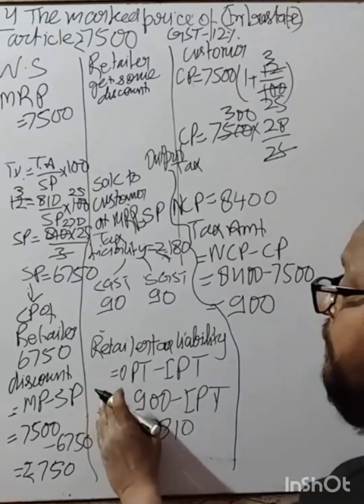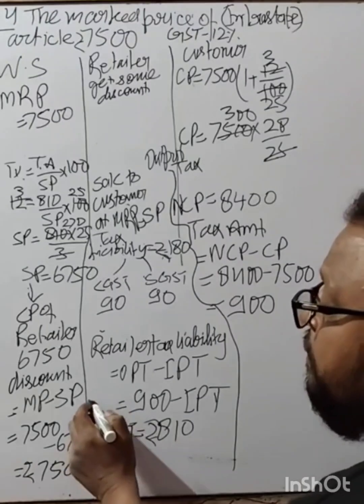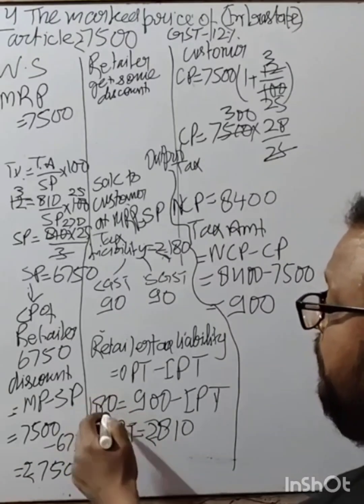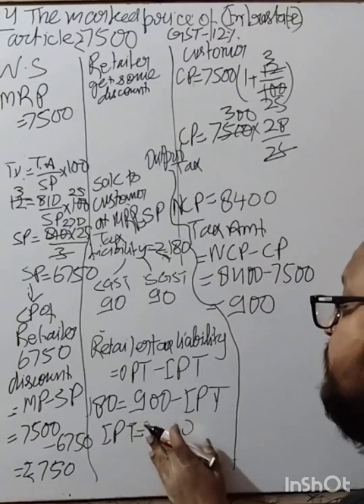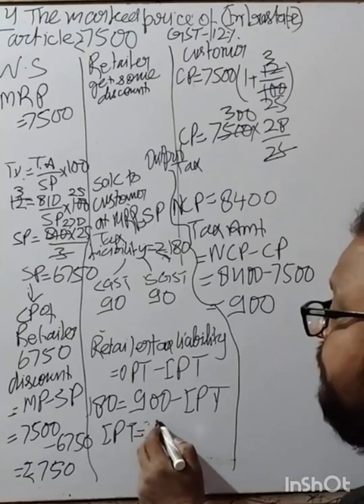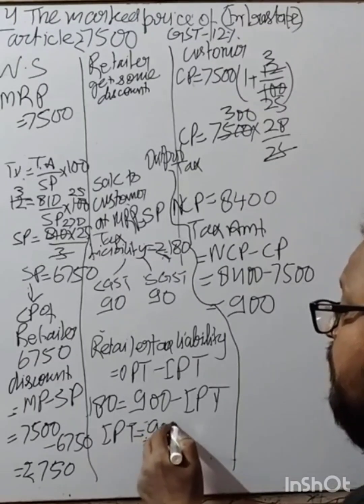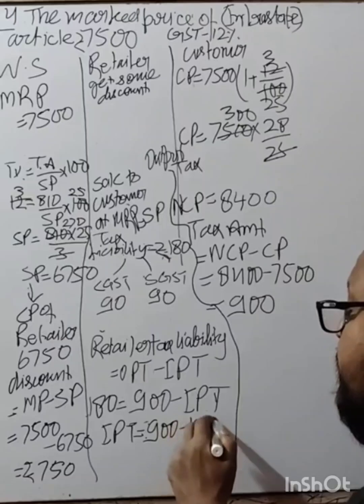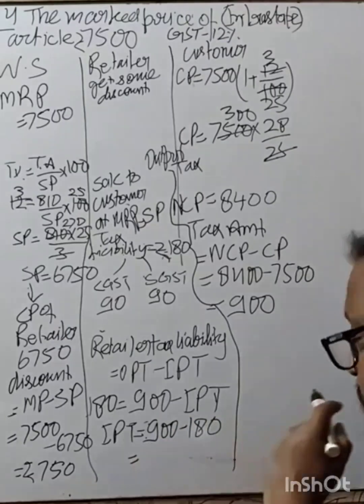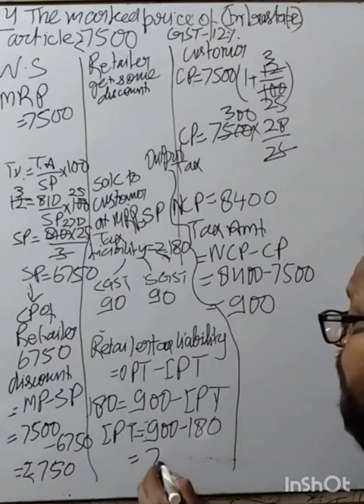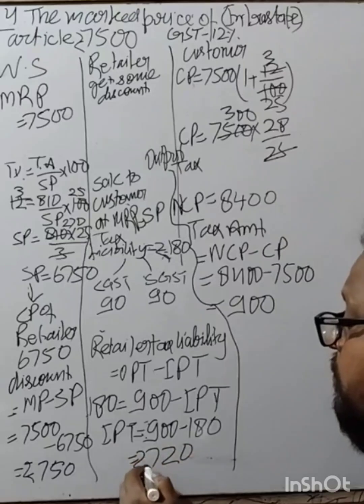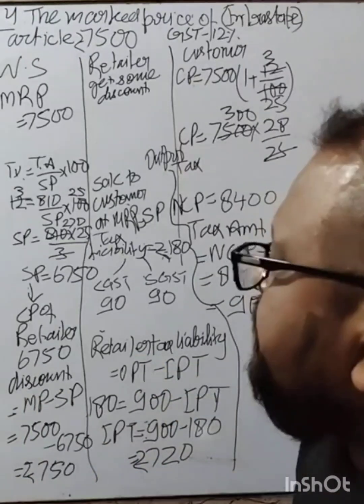So 90 plus 90 is 180 rupees. Now 900 minus 180 is how much? 720, right? 720 is the tax.